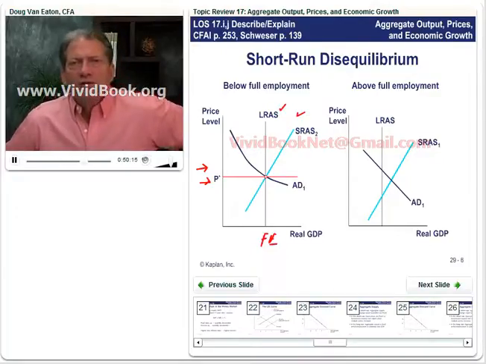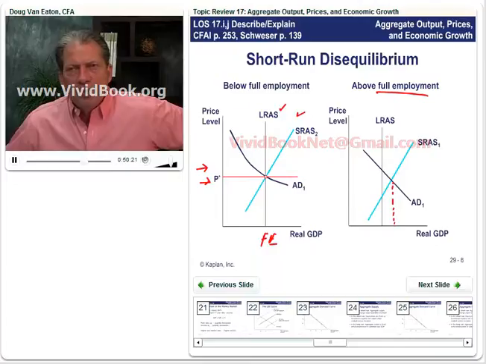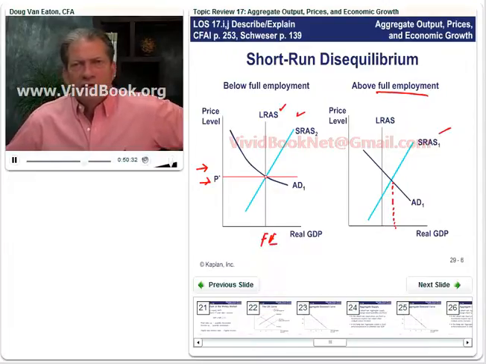So now let's look at an above full employment short-run disequilibrium. We were above full employment GDP, which is a temporary condition, and we're holding input prices constant and plotting this short-run aggregate supply curve. So there's our equilibrium at GDP 1 and price level 1.